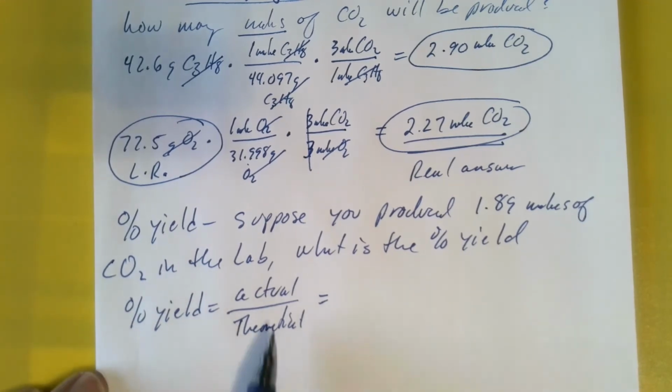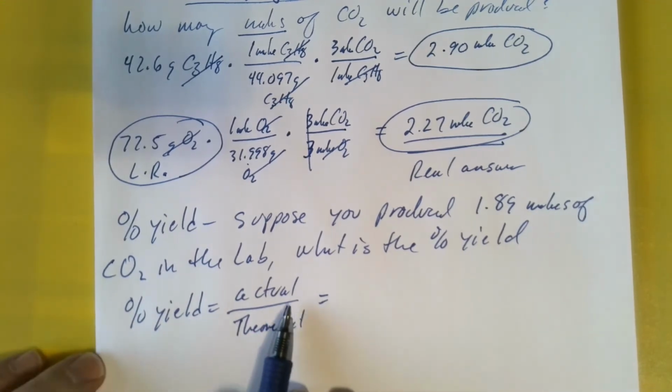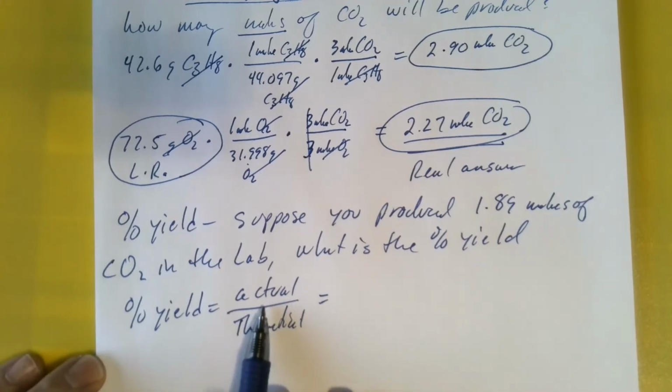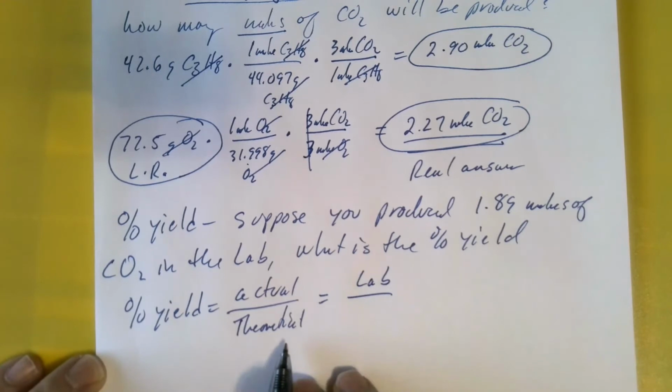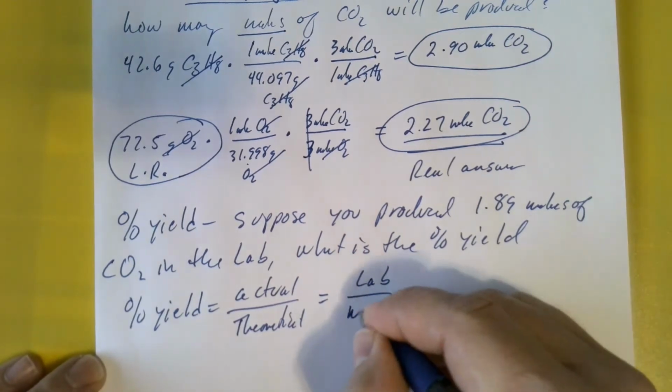Okay, so what did we say actual really was? Where did we get the actual? It's 1.89. Yeah, but where did I get it? Oh, from the experiment. Yeah, from the lab, right? And then the theoretical always came from the math, right?